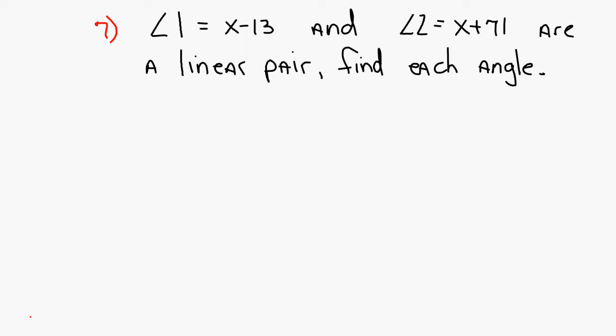Okay, so again, you got angle 1 plus angle 2. And what do they have to equal if they're a linear pair? They form a line, so they have to sum to 180. So your angle 1 is x minus 13, your angle 2 is x plus 71.